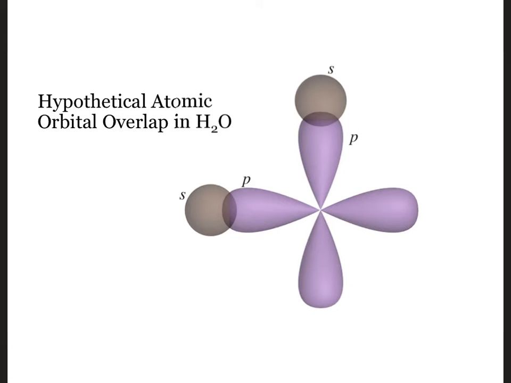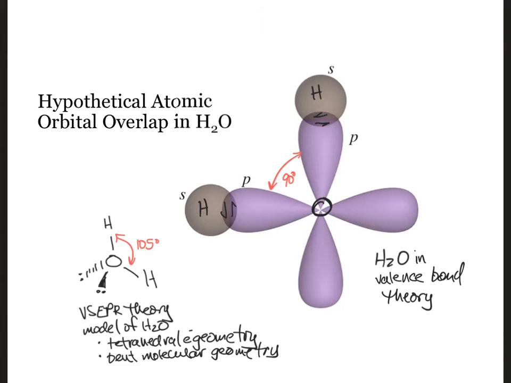For example, in water, an oxygen atom with two half-filled 2p orbitals overlaps with a half-filled 1s orbital on each hydrogen atom, giving bond angles of 90 degrees. We observe that bond angles in water are actually 105 degrees, which is slightly less than the predicted 109.5 degrees for a tetrahedral molecule containing 4 electron domains. They're all bonds and not lone pairs, which take up more space.